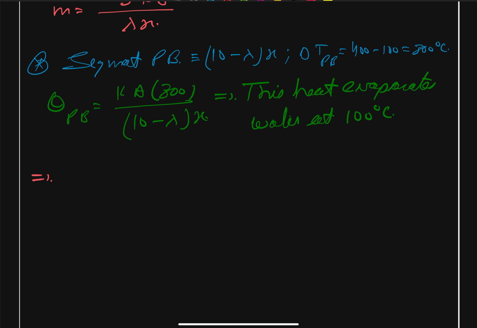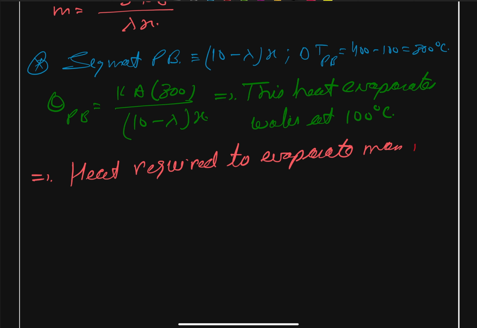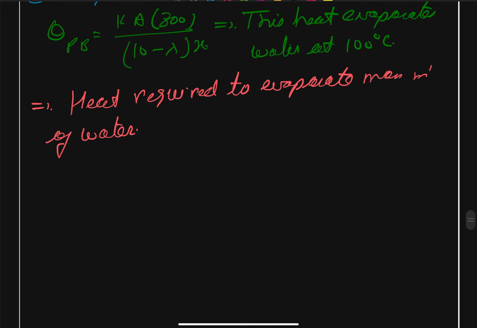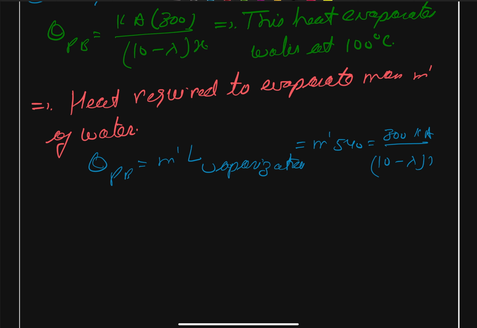Therefore, the heat required to evaporate mass m prime of water will also be our Q PB, and that will be m prime times the latent heat of evaporation, which is given as 540, and that will be equal to 300 KA upon 10 minus lambda times x.